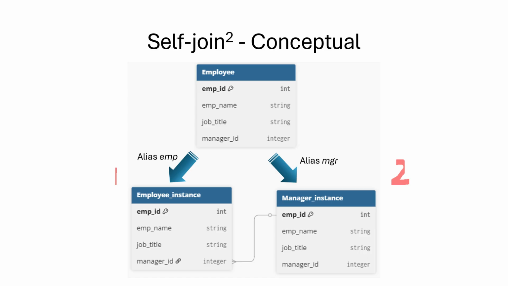Let us call the first logical copy the employee instance and the second logical copy the manager instance. In other words, the employee instance represents the employee details and the manager instance represents the manager's details. Does it make sense?